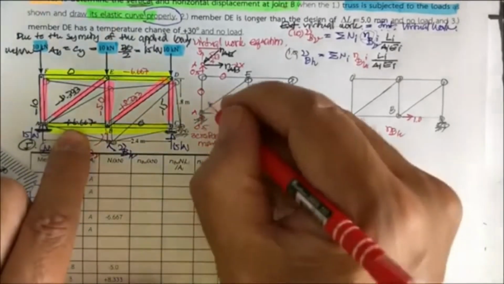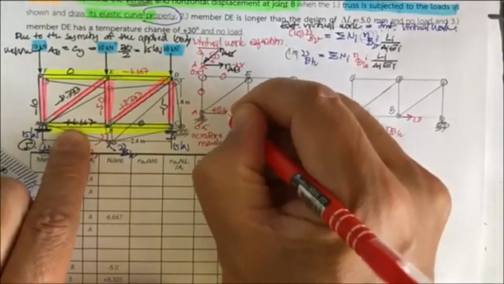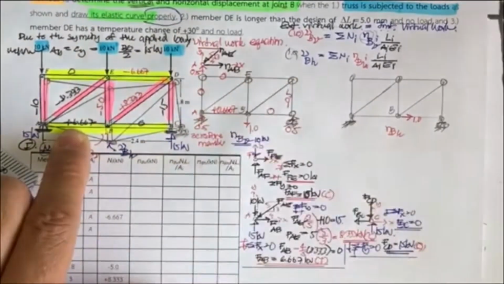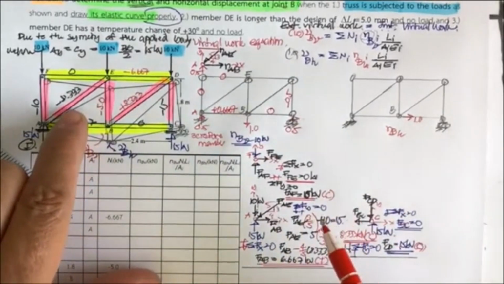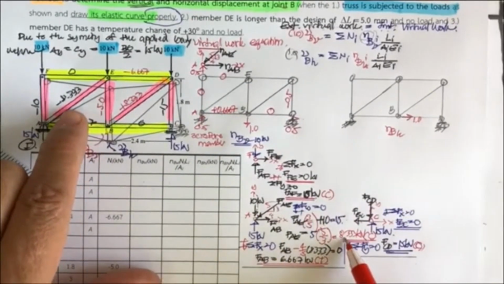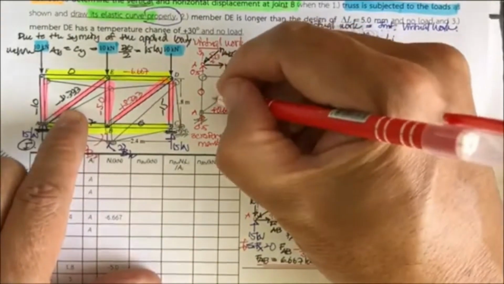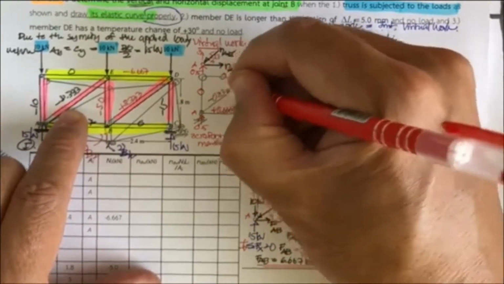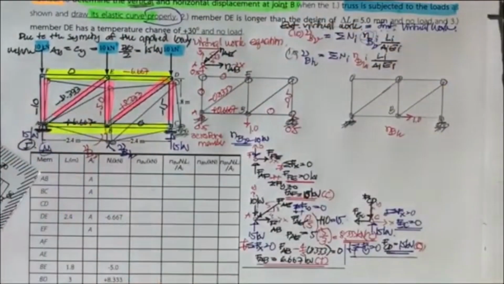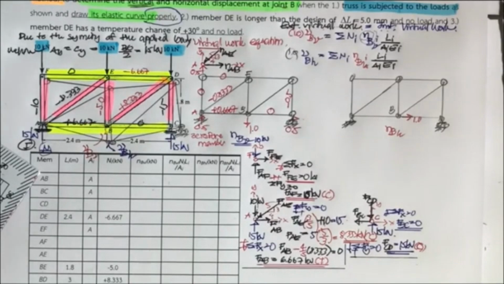So this is going to be plus 0.6667. Okay, without doing the calculation. And this one is going to be 10 times less. It's going to be minus 0.8333. Okay, that is going to be easier to determine.